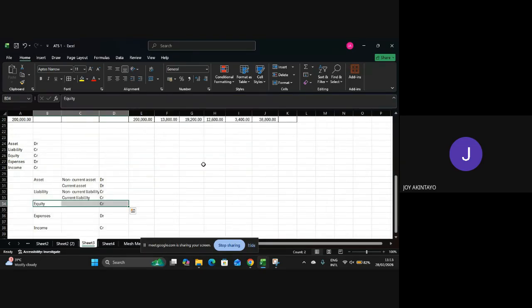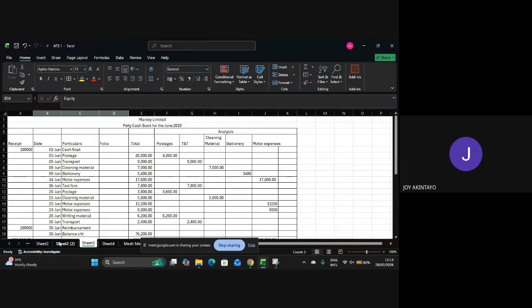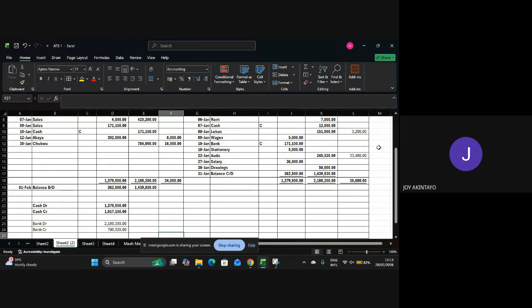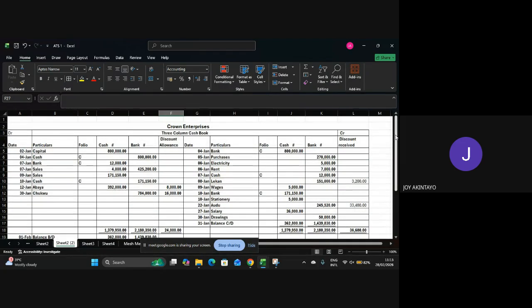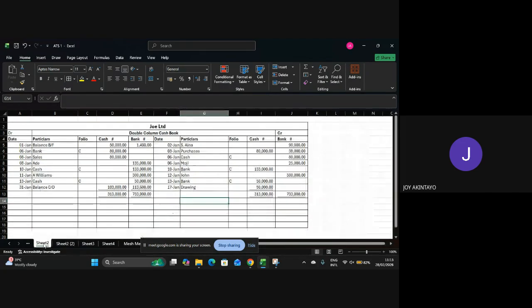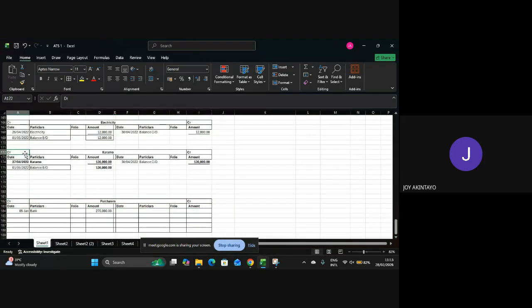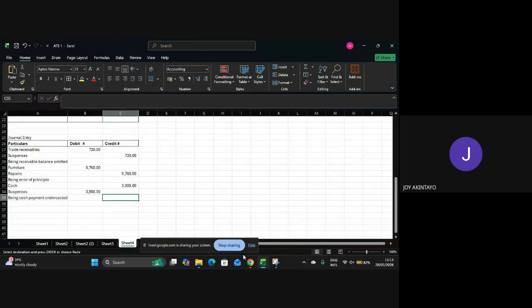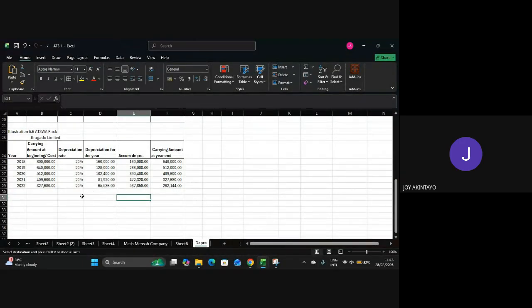Our ledger format. So we'll start with the equipment account.